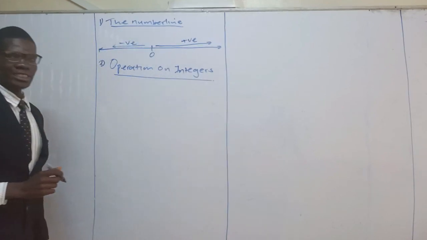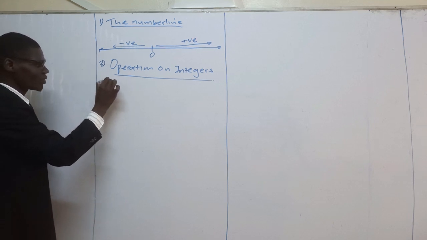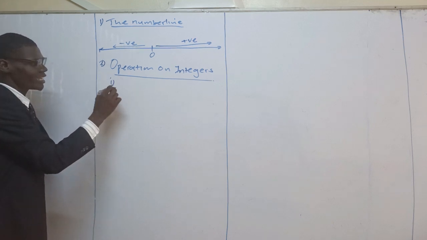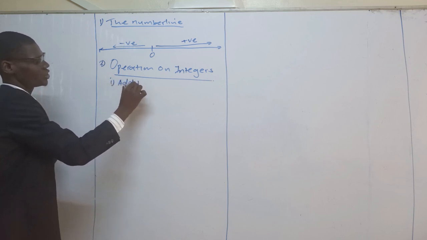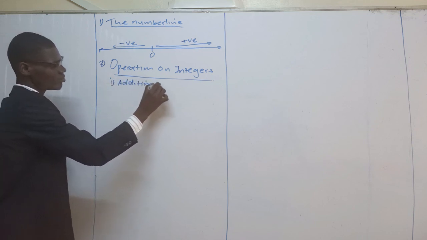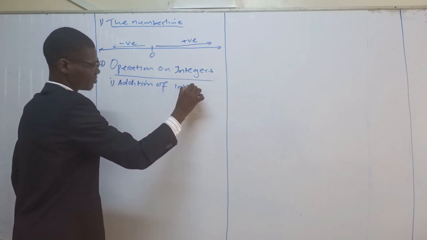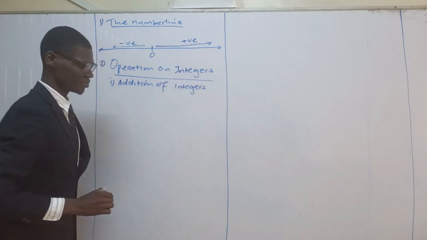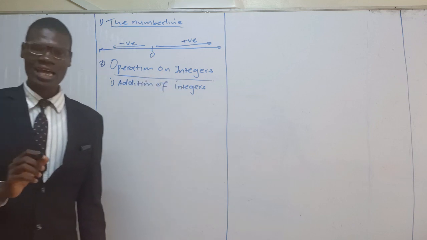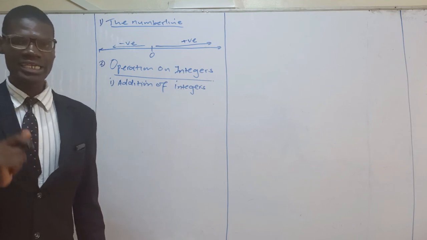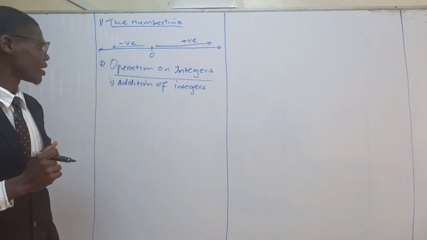I will start with addition of integers. So Roman 1, I start with addition of integers. As I said earlier, operation on integers can be done using a number line.